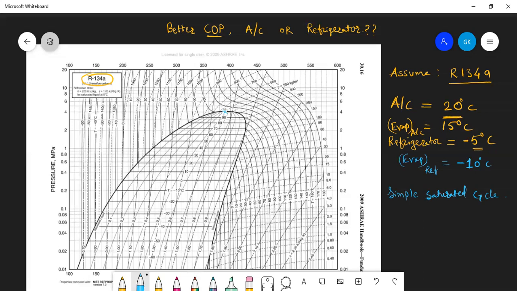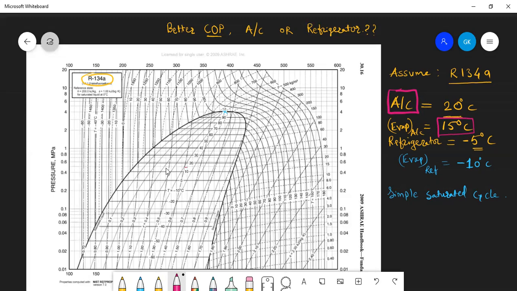So first plot for AC. For air conditioners, what is the evaporator temperature? 15 degrees Celsius. So look at 15 degrees Celsius. This is 0, this is 10, 20, so 15 is in between this.